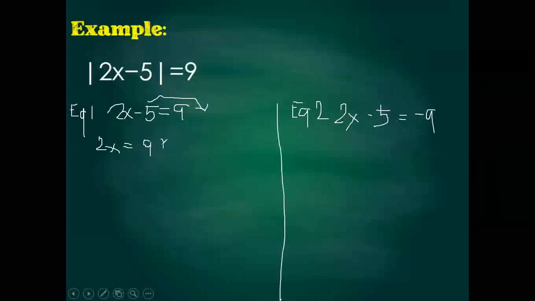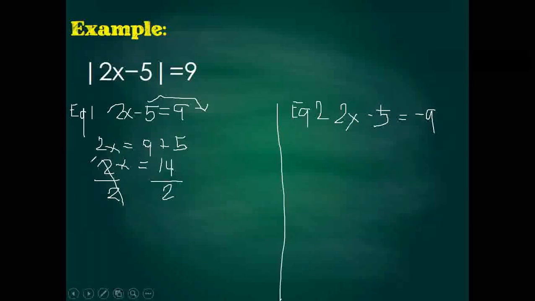9 plus 5. So 2x equals 9 plus 5, 14. How to find the value of x? I need x only. You need to divide both sides by 2. Sir, where did the 2 come from?